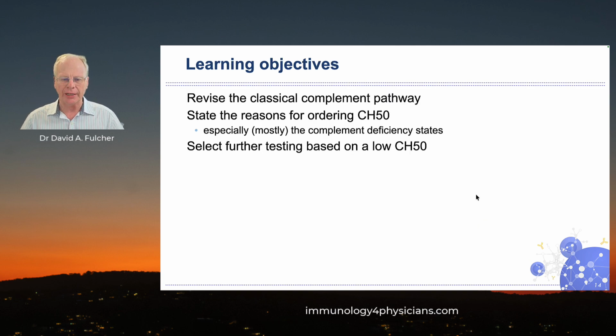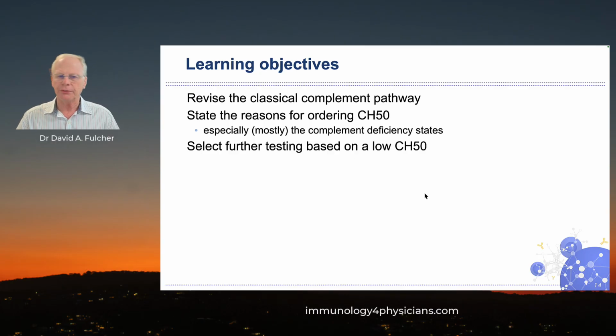So that's all I wanted to say about CH50. I've used this as an opportunity to revise the classical complement pathway in case you had forgotten it. I wanted to revise why we order CH50 and maybe AH50 in those circumstances that I alluded to. Basically it starts with a patient who you suspect has a complement deficiency syndrome, and that's usually manifest in the manner that I've outlined, specifically propensity to infection and sometimes immune complex disease for those early parts of the classical pathway.